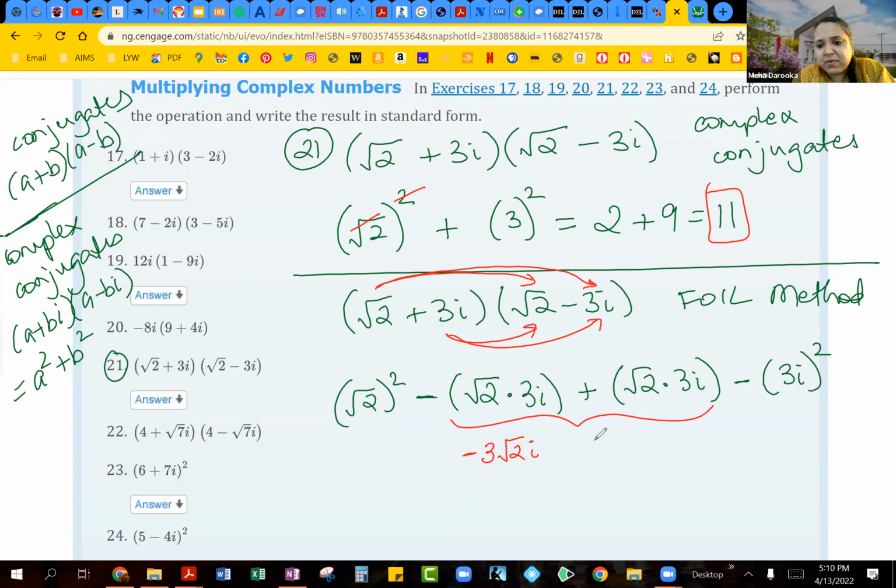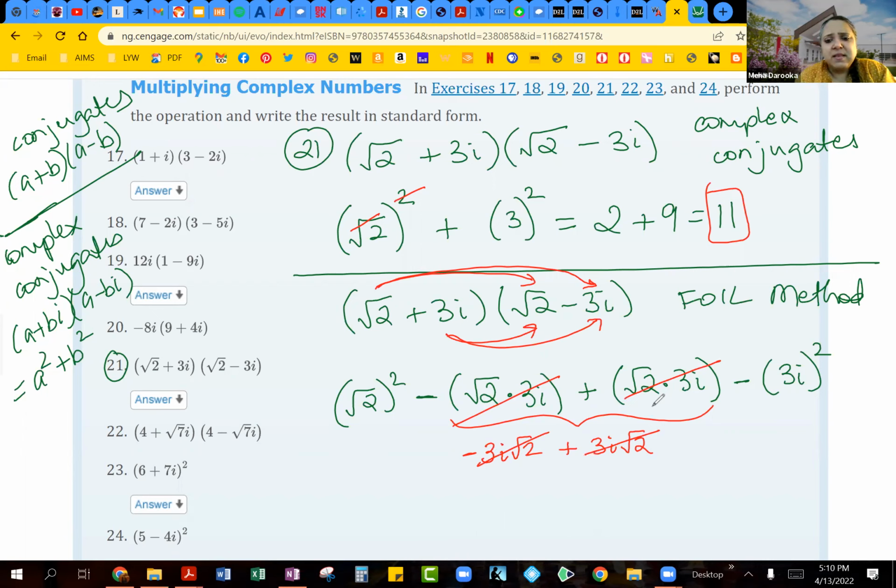This guy would be a 3 square root of 2 with an i. Actually, the i should be in the middle. That's another one of those notation things. We put the i in the middle and then the square root of 2. So they're basically the same term, and they will end up canceling each other out.